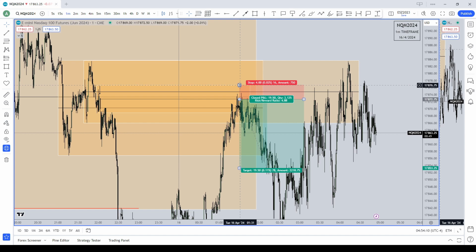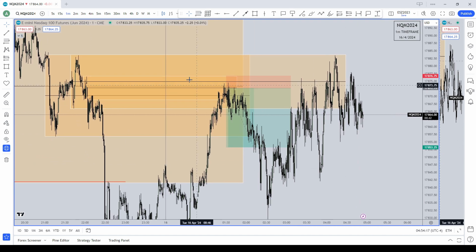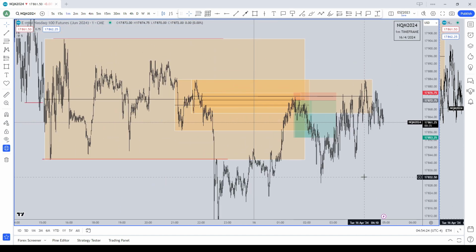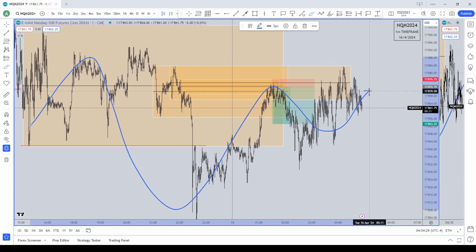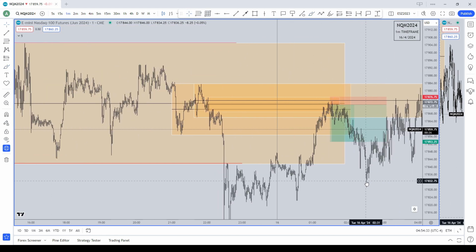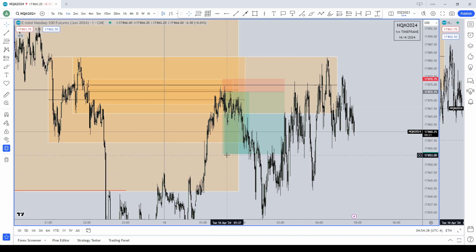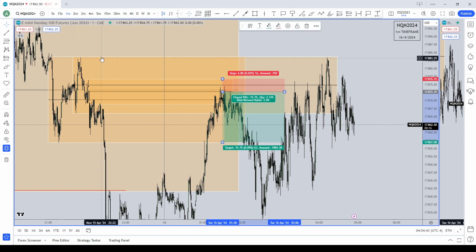And if you entered like here, and you know this zone is unmitigated, the price will not go a lot lower, especially on the 1 minute time frame, which looks like a big consolidation from this perspective. That means I recommend you go only down from this origin zone.